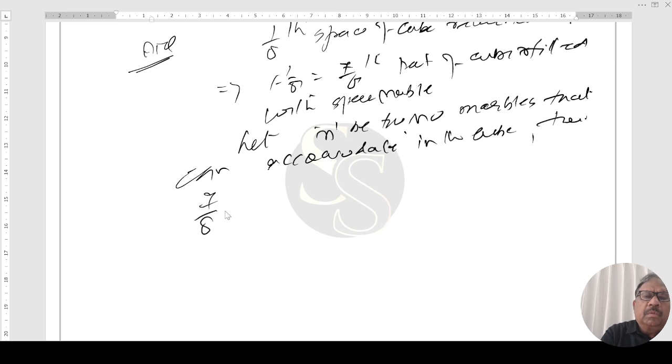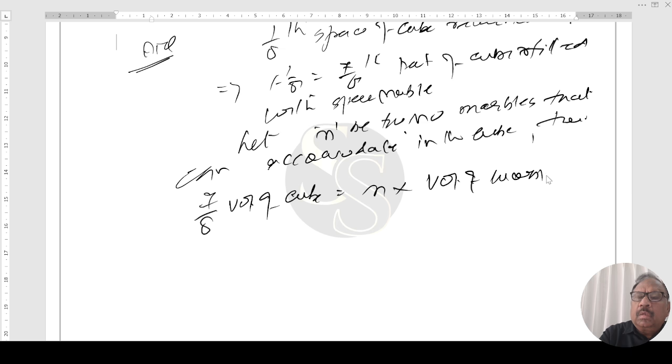Then 7/8 volume of cube equals n into volume of marble, that is sphere. That is 7/8 into a cube equal to n into 4/3 pi r cube.